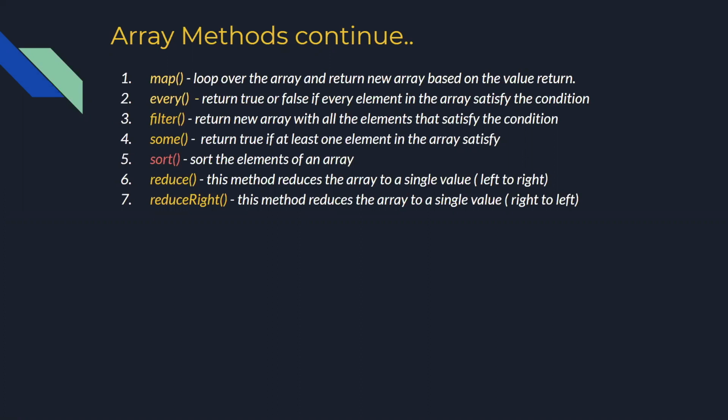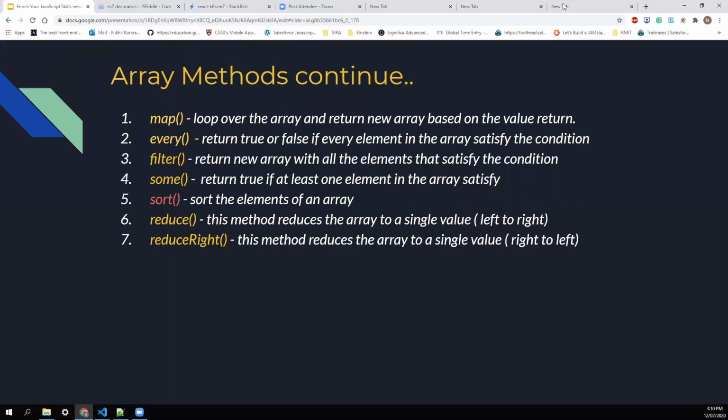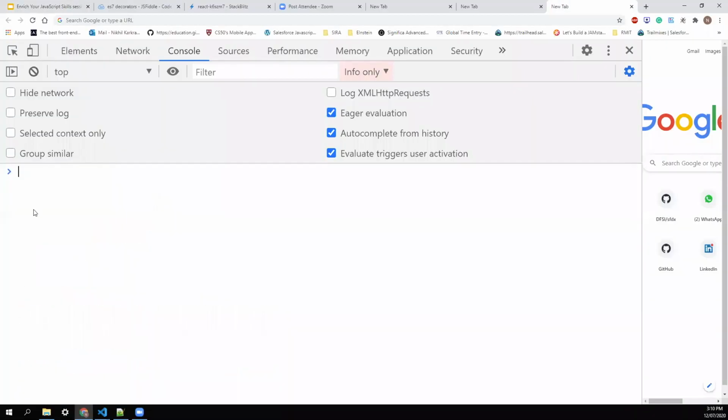Okay, so let's go to our playground and we'll create an array of numbers because we are trying to reduce, and I feel the basic operation to reduce numbers is a sum operation.